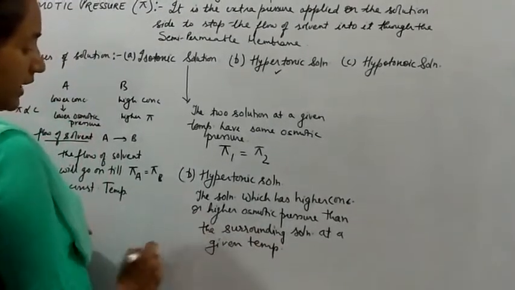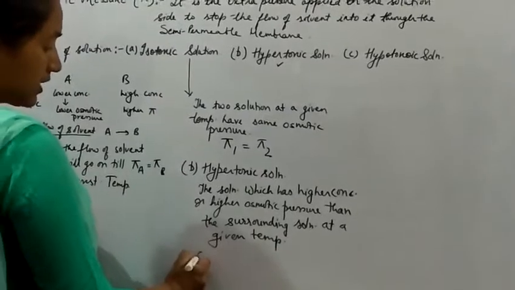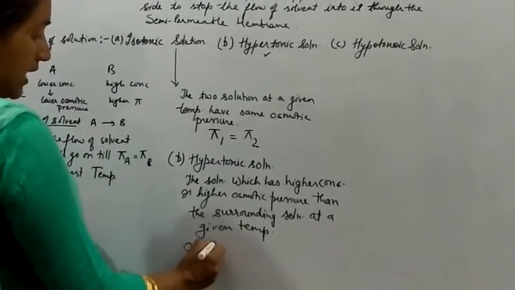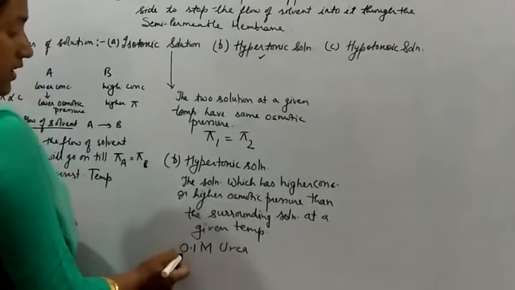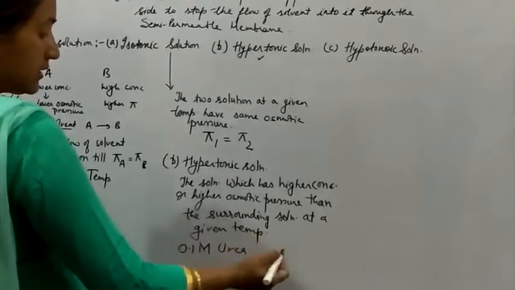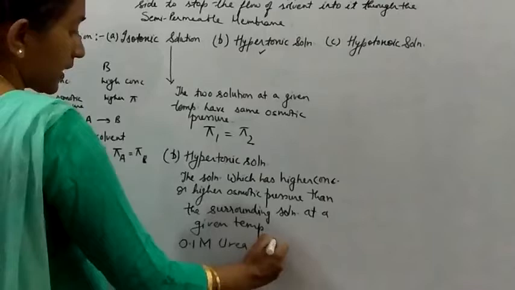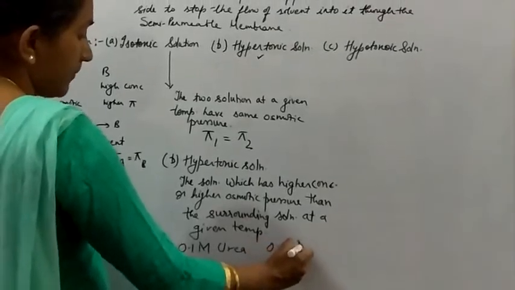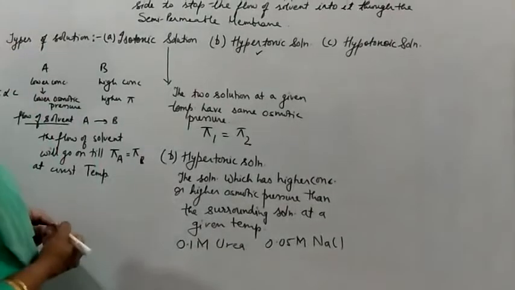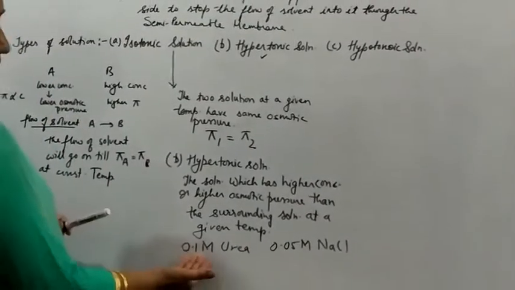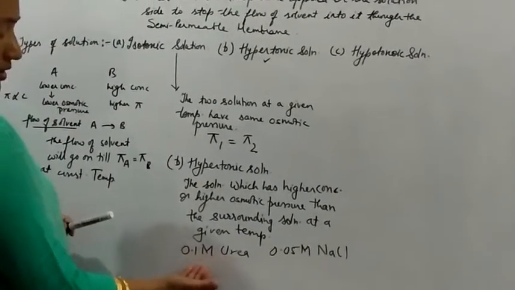Right, now here we can take the example that if we take the 0.1 m urea, it is in surrounding with 0.05 m NaCl. Now whose concentration is going to be high? Definitely 0.1 m urea, its concentration is high.